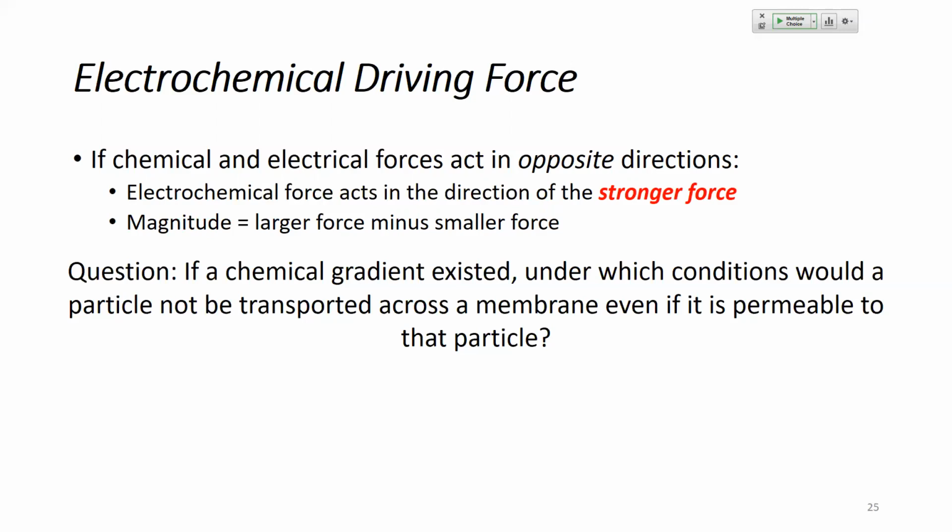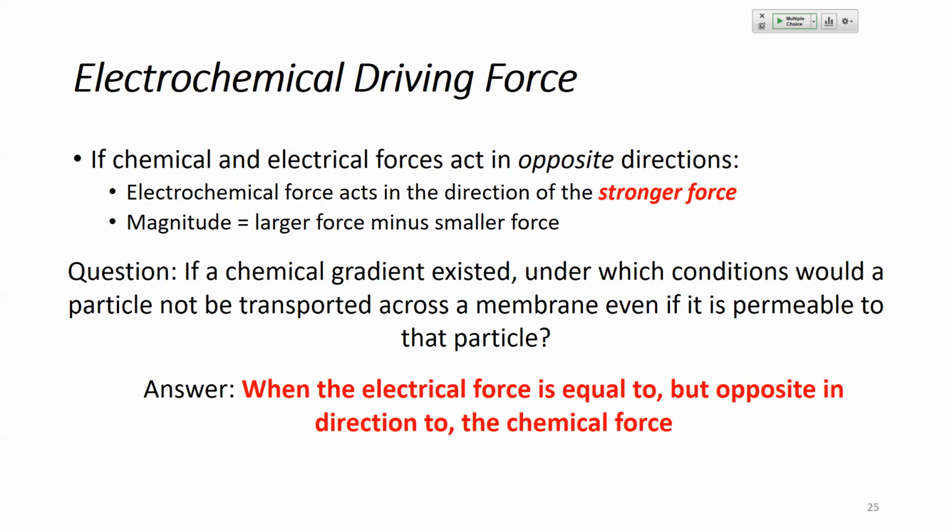Okay, if the electrical driving force was larger, if it were stronger, we would have movement in the opposite direction, wouldn't we? What would have to happen for there to be no movement? It would have to be what? Equal. Thank you. They'd have to be equal. Right? They'd have to be equal.